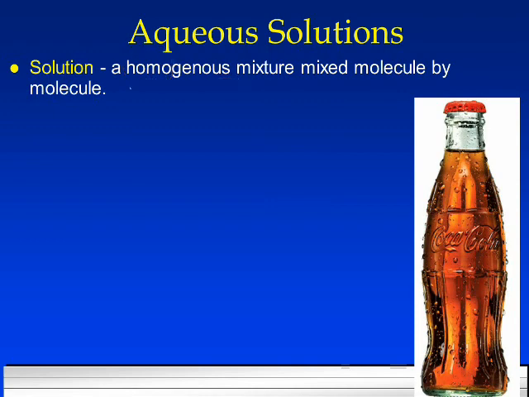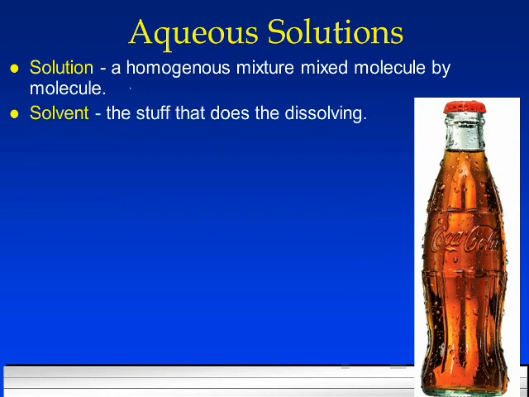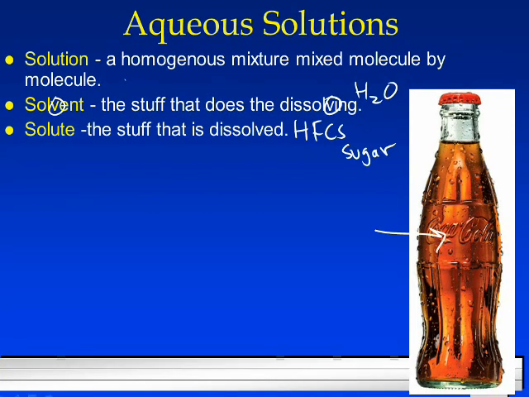So a solution like Coca-Cola, or any sort of cola, like 7-Up or Sprite, is a solution. And a solution is made up of a solvent, the stuff that does the dissolving, such as the agua. So the solvent does the dissolving. High fructose corn syrup is often the solute, or sugar, in cola.